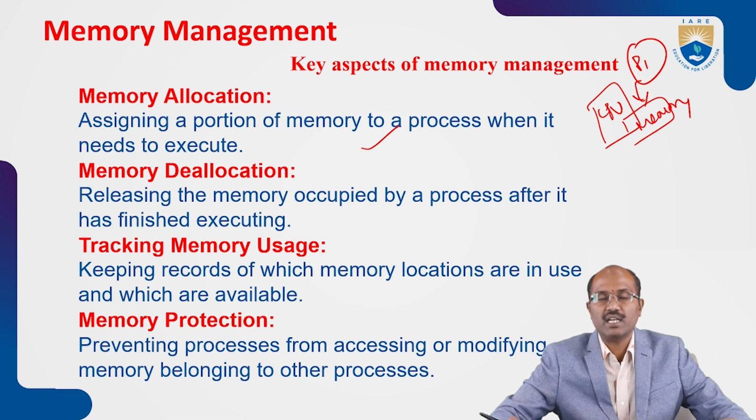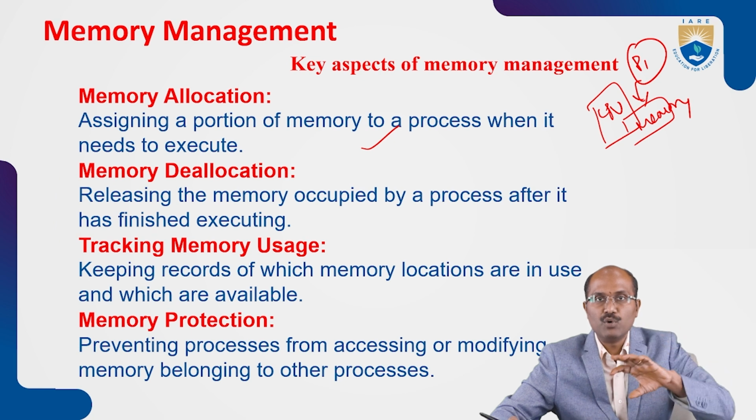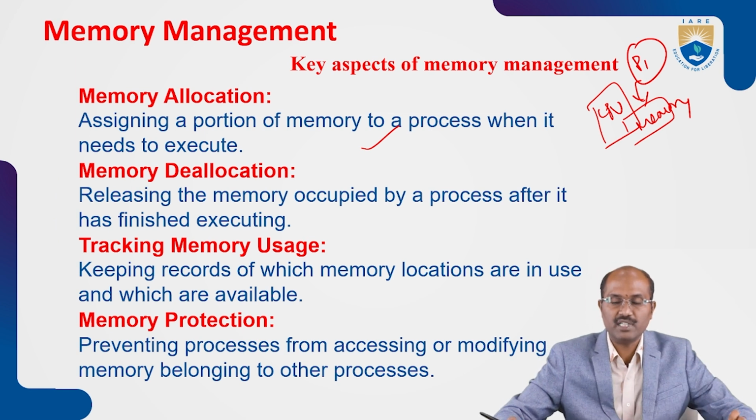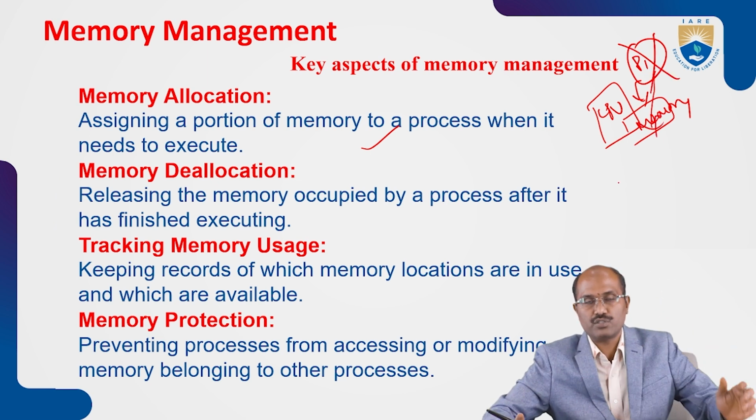Memory deallocation: once memory is allocated to a process, it executes for some time. Deallocation means releasing the memory occupied by the process after it has finished its execution. Once the process has completed execution in memory, it can be deallocated, meaning the process is closed.